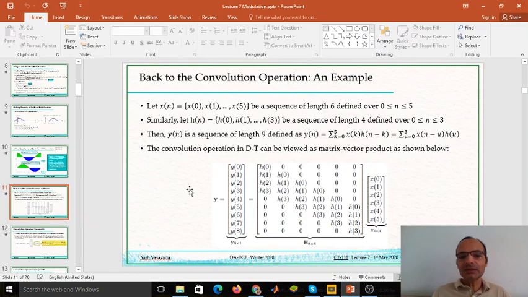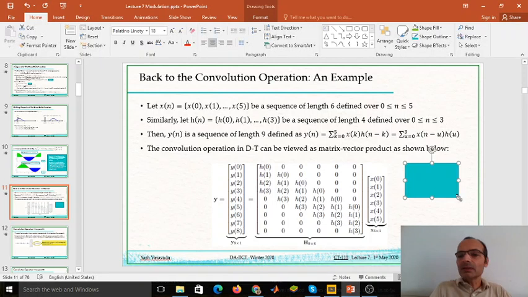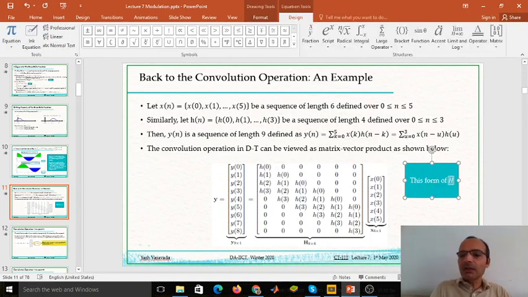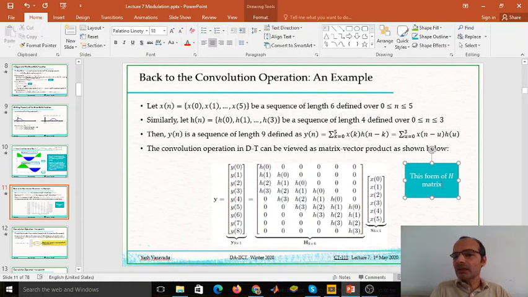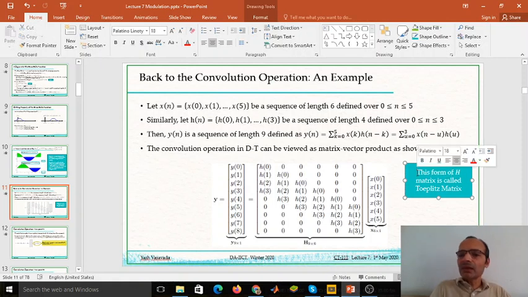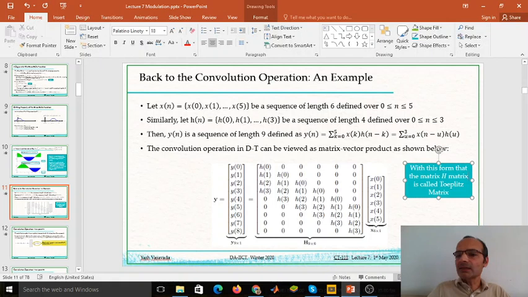Let me just write it down here. This form that the matrix H has is called a Toeplitz matrix.